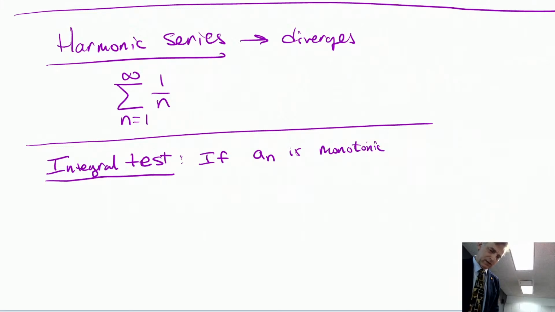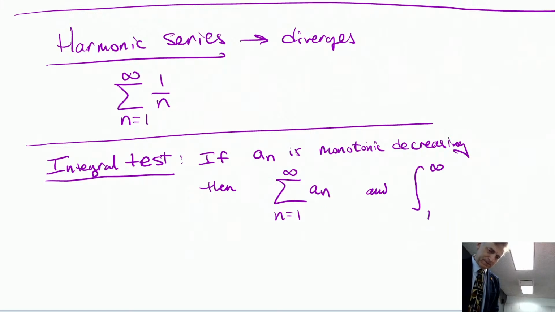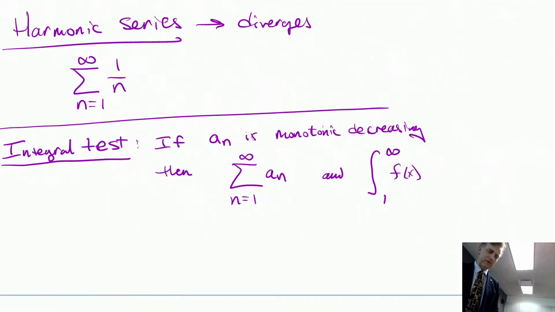Monotonic decreasing, then this summation and this integral. I'll explain the f of x in a minute. I just realized I should have written one more thing over on the left. Anyway, those two share the same fate.